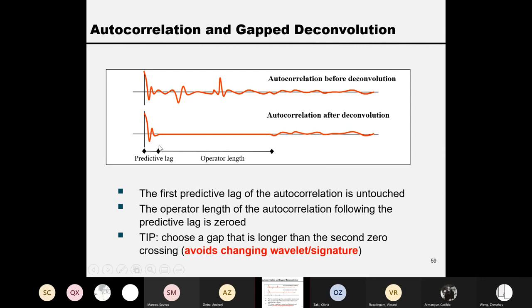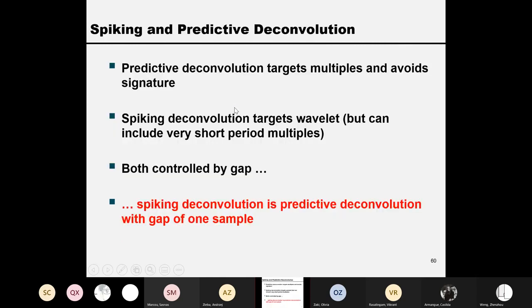The gap here must be wide enough to keep the source signature untouched. If too small, it will damage the signature. You try to keep it because your hope here is to get rid of multiples. So now let's compare the two deconvolutions. One is spiking deconvolution, one is predictive deconvolution, right?